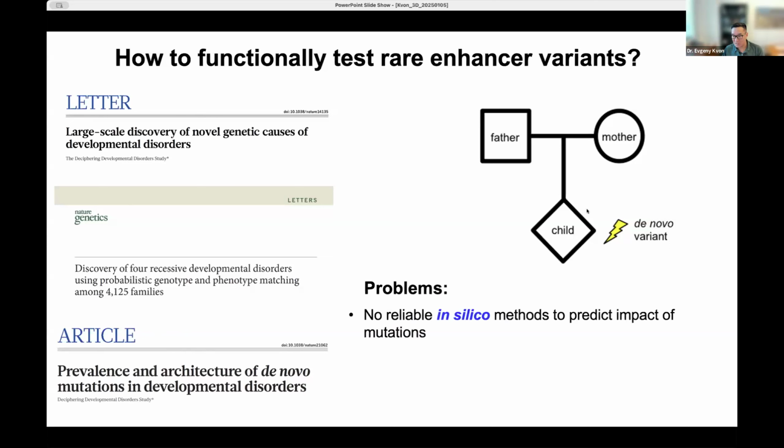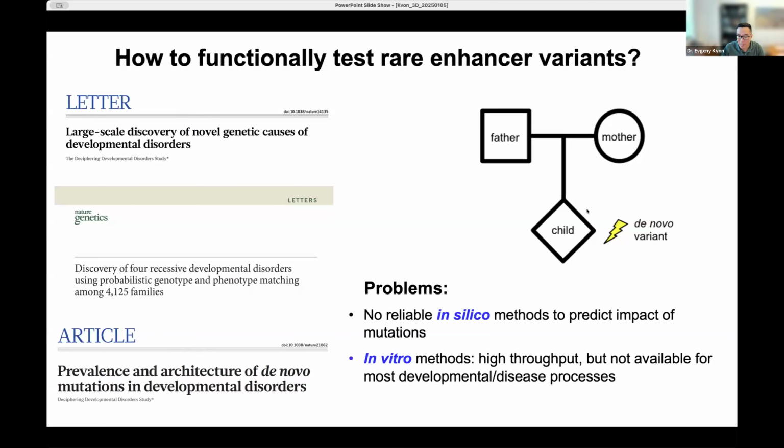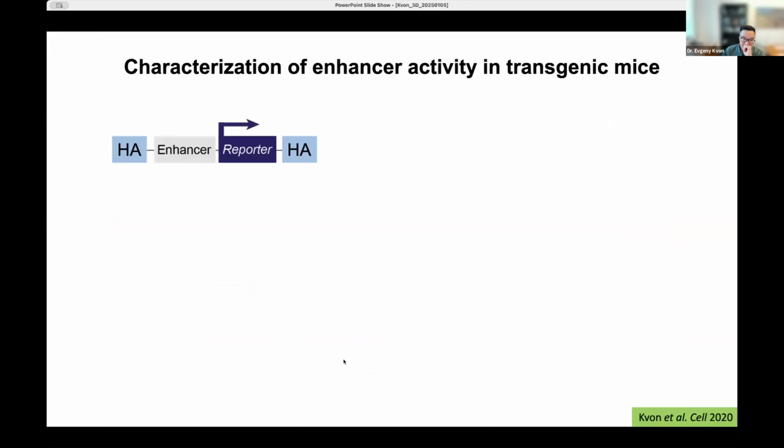As I told you, there's no computational tool to predict it. There are, of course, in vitro methods such as MPRA, but they're not available for most developmental and disease processes. And there is a need to test those variants in vivo in the context of development, especially for variants that cause congenital birth defects.